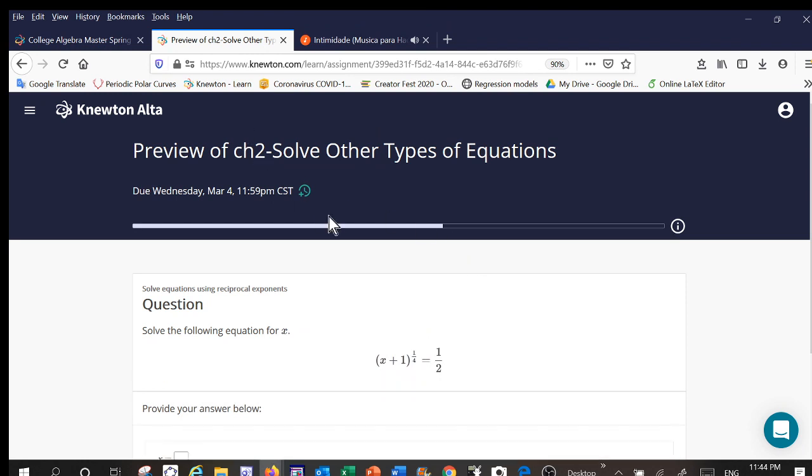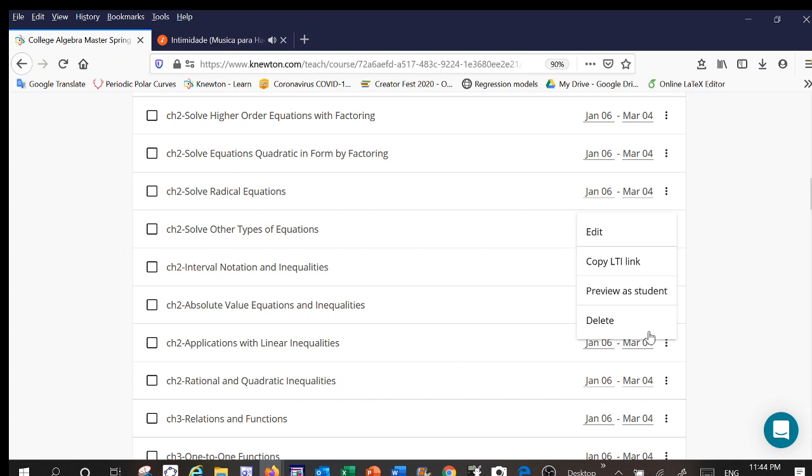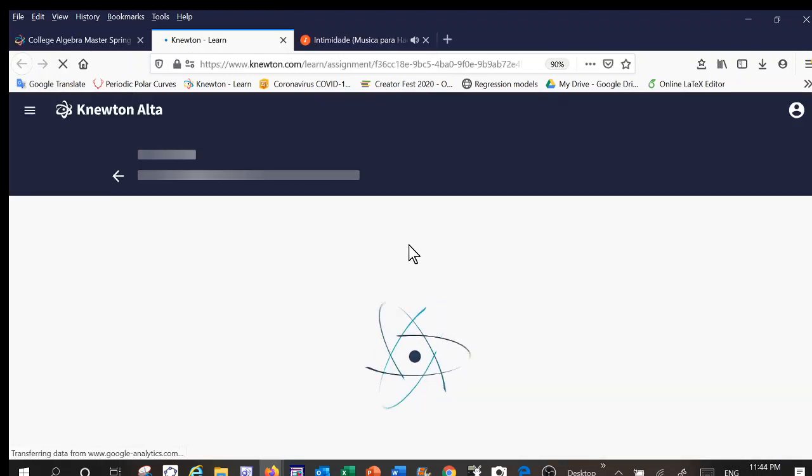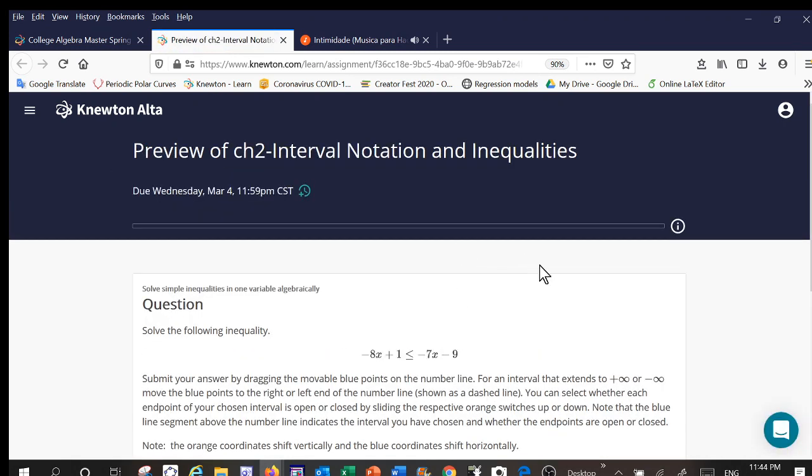All right, so let's move on to interval notation and inequalities. What is that? I think this is just a review of interval notation.